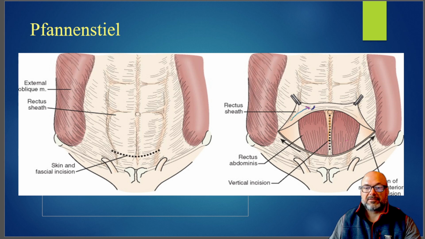The rectus is then split in the midline, just pulled laterally, exposing peritoneum, and then the peritoneum is opened. You can see here with the external oblique muscle coming in, over here maybe on the left a bit more, that's the line of demarcation for the opening of the fascia. We don't want to go into the muscle itself.